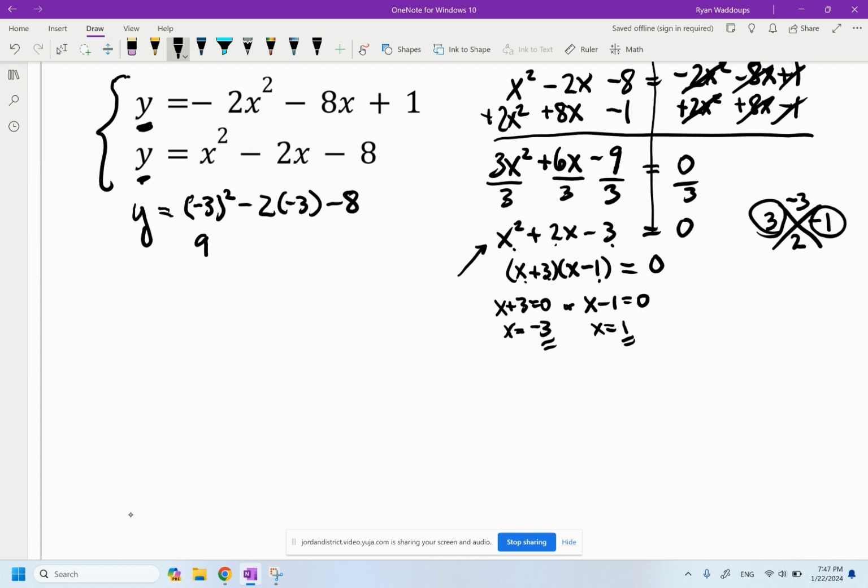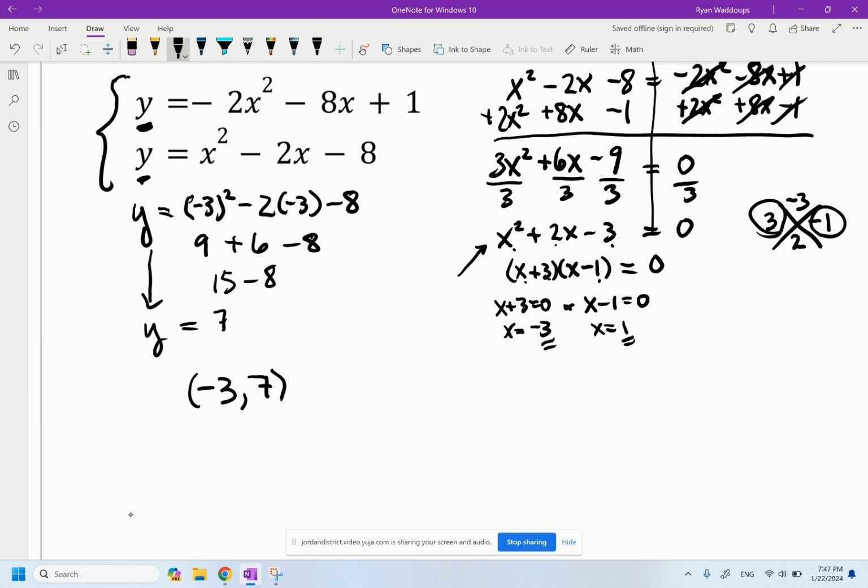Negative 2 times a negative 3 is positive 6. And then I've got minus 8 there on the end. 9 plus 6 is 15, minus 8, and 15 minus 8 would be 7. And so y equals 7 when x equals negative 3. So one of the solutions is negative 3 comma 7.